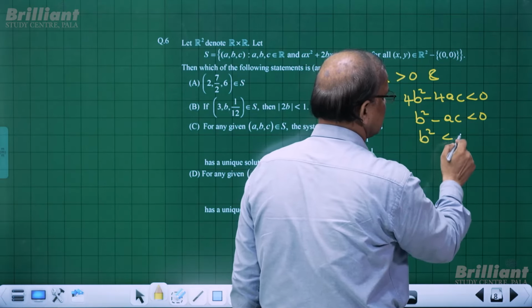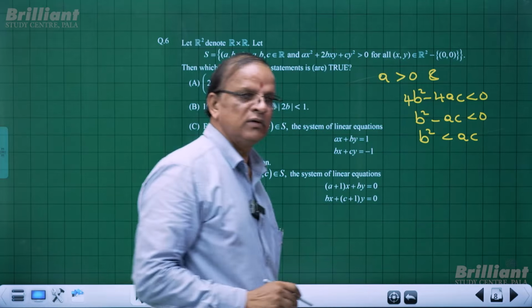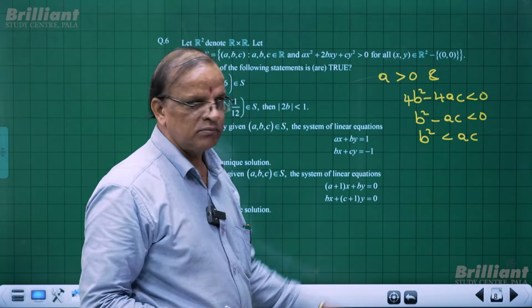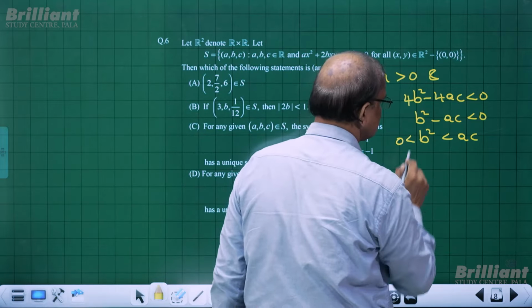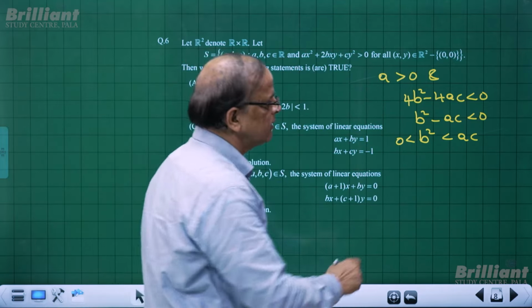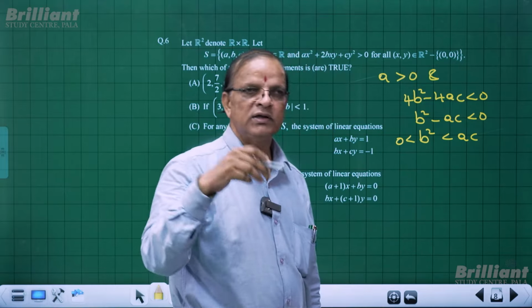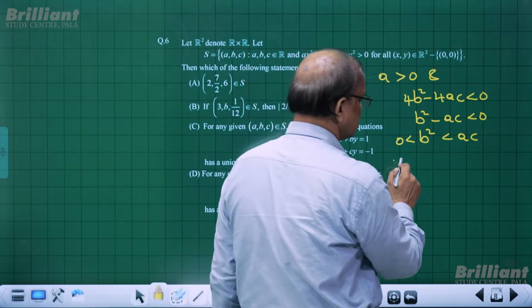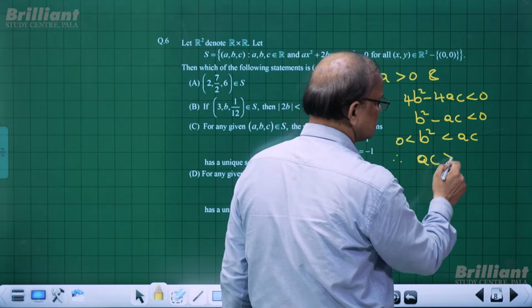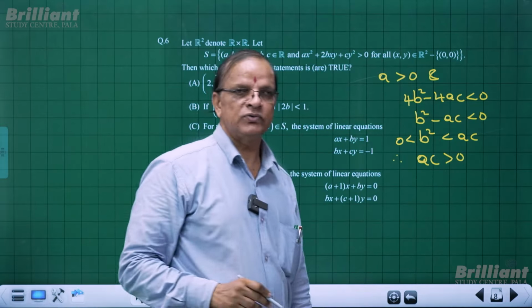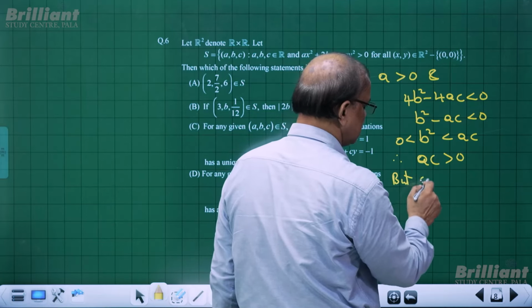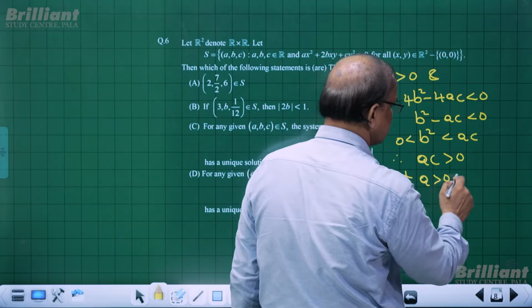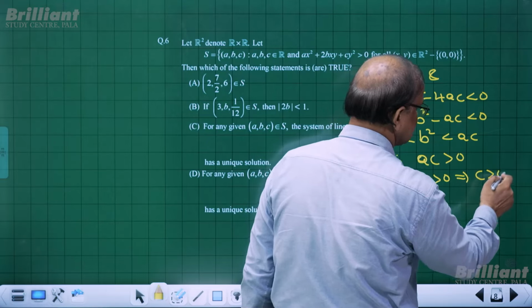So b square is less than ac, but b square is positive, so 0 is less than ac, so ac is also positive, but a is positive, so c is positive.